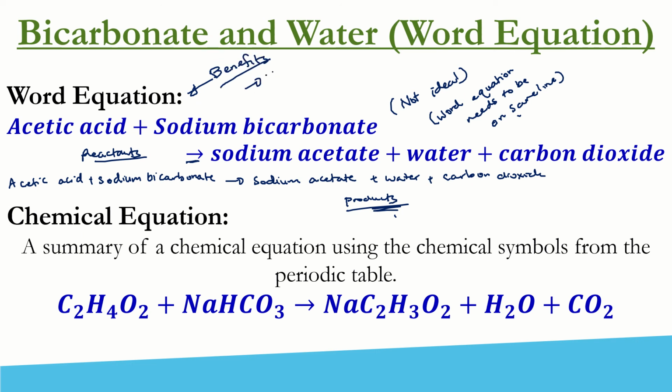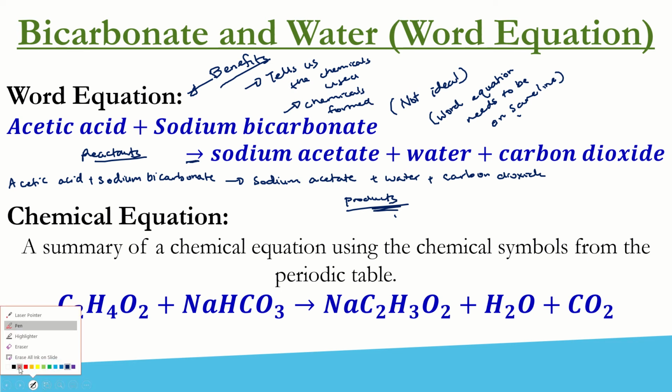It tells us the chemicals used, and it also tells us the chemicals formed. And I'll do the next point in a separate color just to highlight where it's not as useful.